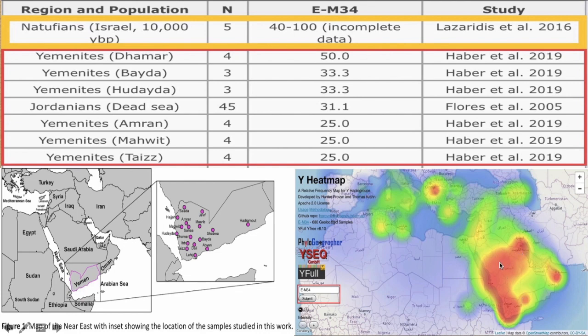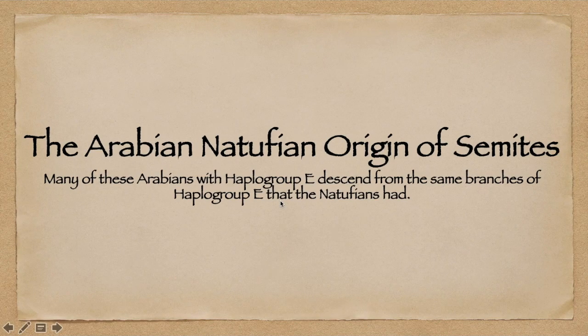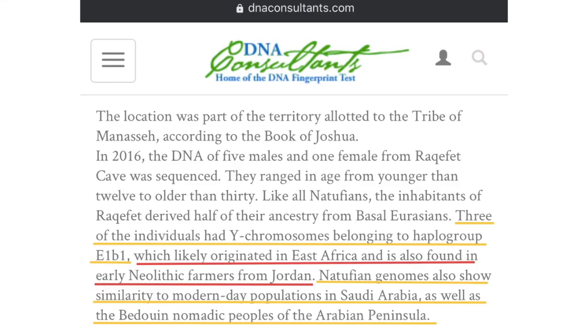And again, these peoples have the highest amount of Natufian ancestry. So, many of these Arabians with haplogroup E descend from the same branches of haplogroup E that the Natufians had.